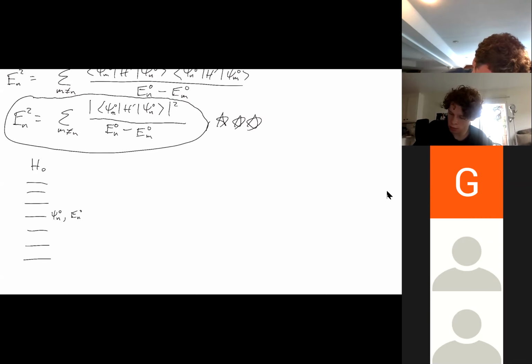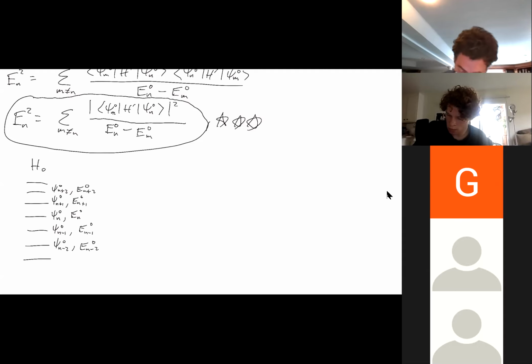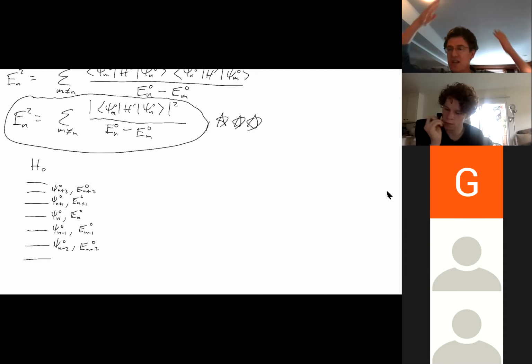But then there's the one above it, ψ_{n+1}^0, E_{n+1}^0, ψ_{n+2}^0, E_{n+2}^0, etc. And then this is ψ_{n-1}^0, E_{n-1}^0, ψ_{n-2}^0, E_{n-2}^0. Okay, so you have all these eigenstates.